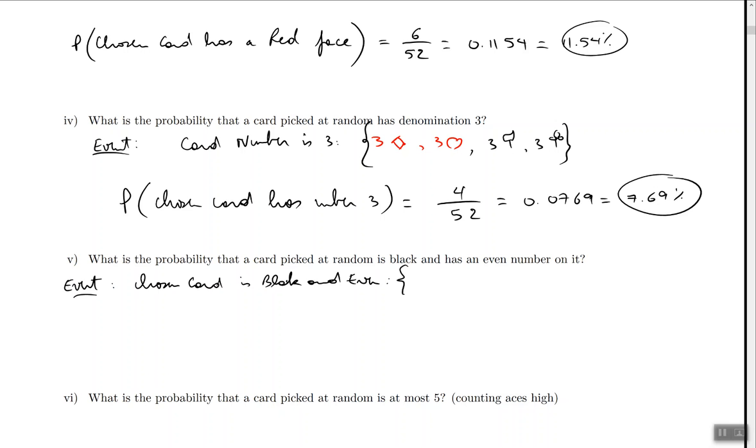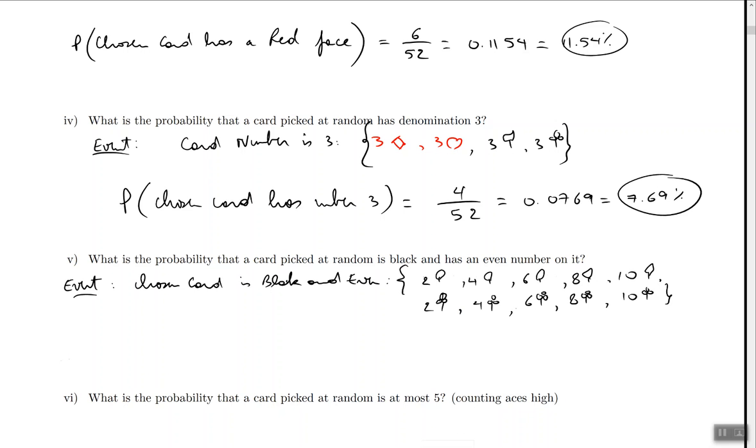Well, first, there are the 2, 4, 6, 8, and 10 of spades. And finally, there are the same cards, the 2, the 4, the 6, the 8, the 10 of the clubs. So in total, there are 10 cards.